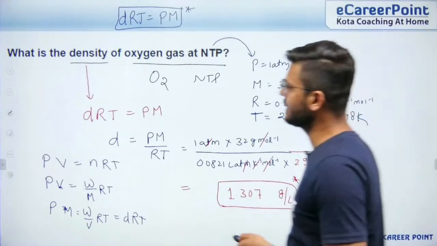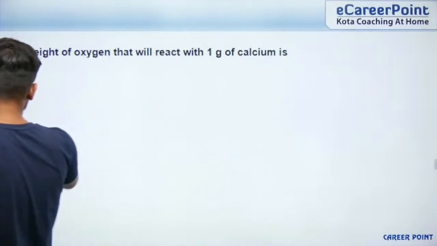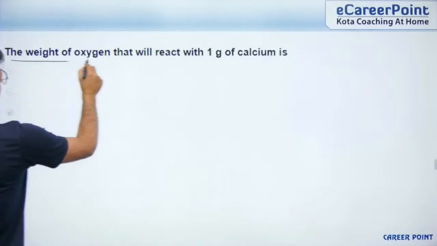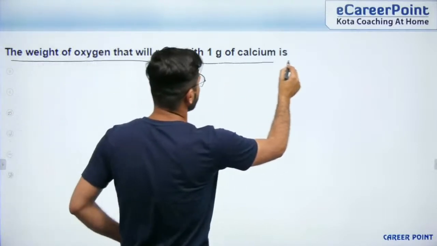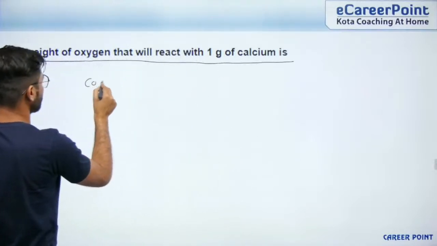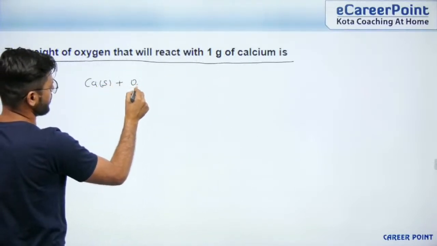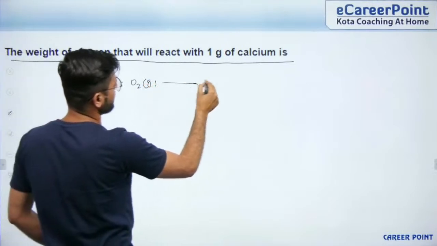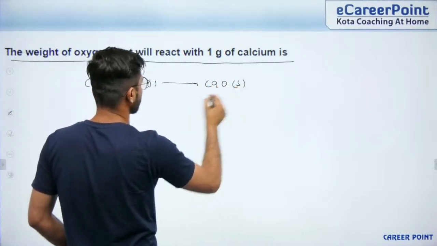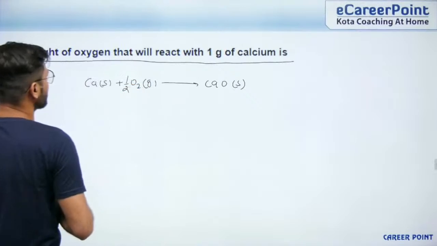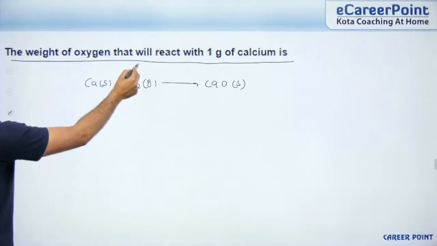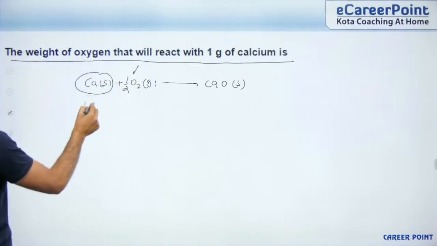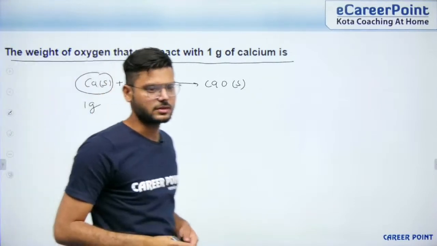Okay, so let's see the next question. The weight of oxygen that will react with 1 gram of calcium. See, calcium solid will react with oxygen gas and it will form calcium oxide. This is half O2. So it is saying the weight of oxygen required to react with 1 gram of calcium. Try this question.